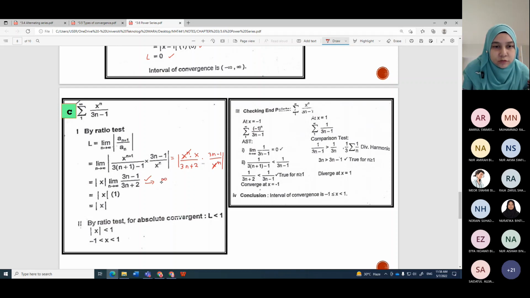So, yang ni dapat infinity over infinity. Guna LH rule. Akan dapat 1. Limit 1. So, x, modulus x times 1 is modulus x. Okay, then proceed to for absolute convergence L less than 1. Yang akan dapat ni L less than 1 lah. So, modulus x less than 1.